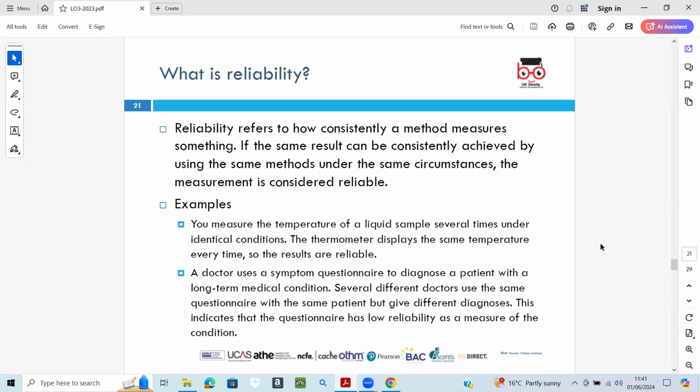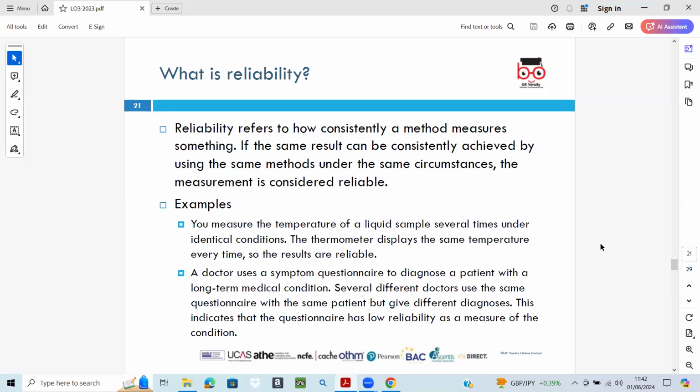And we have to discuss some examples. So, the first one is measuring the temperature of a liquid sample. Here we can say that you are measuring the temperature of a liquid sample multiple times under identical conditions using the same thermometer.